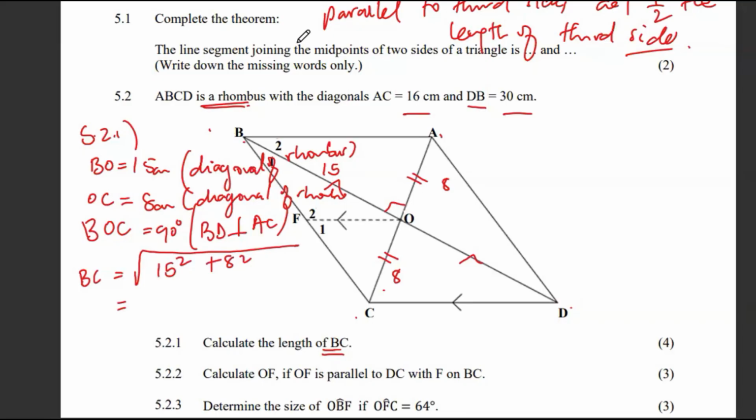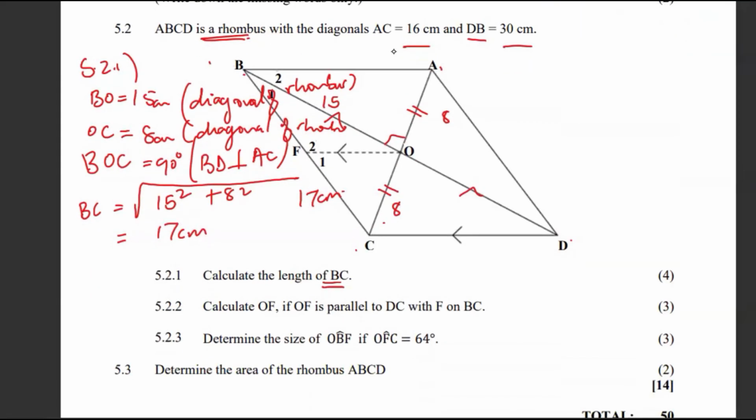Okay, so we punch that into our calculators. These are simple, easy, sweet marks that no one should leave behind. So if we have the square root of 15 squared plus 8 squared, that gives me 17 centimeters. So this is 17 centimeters. All right.